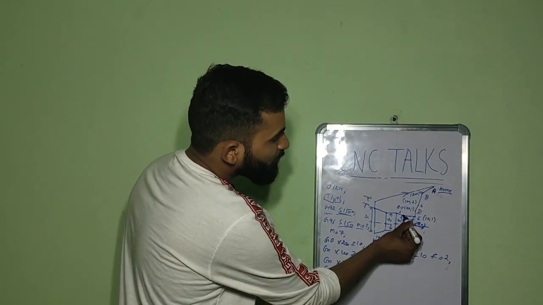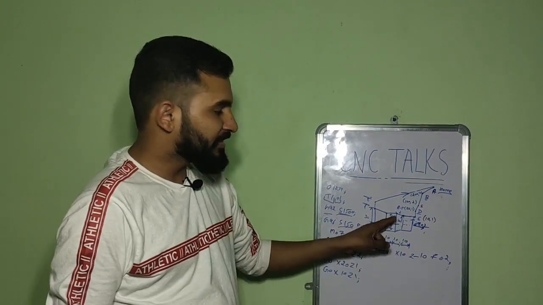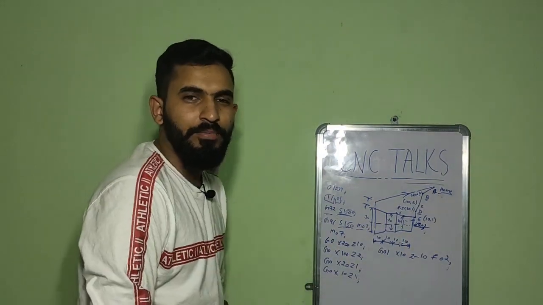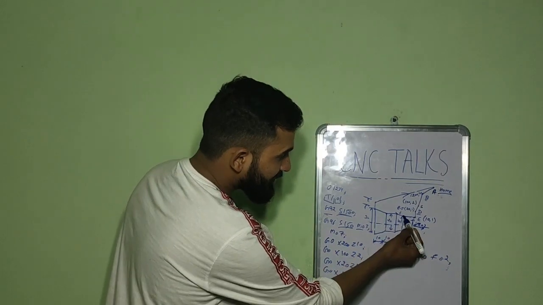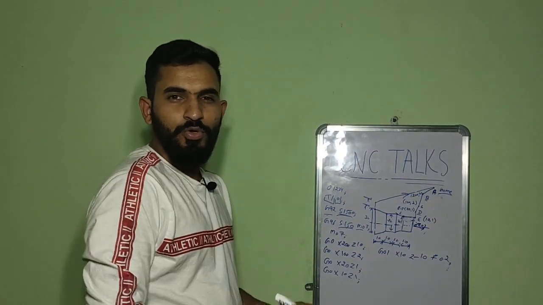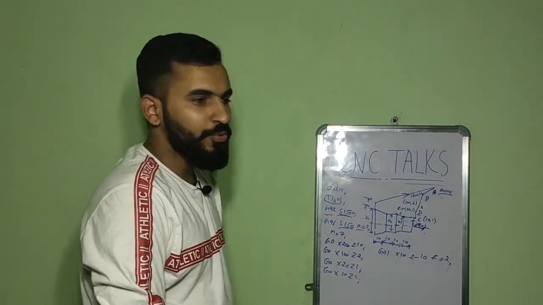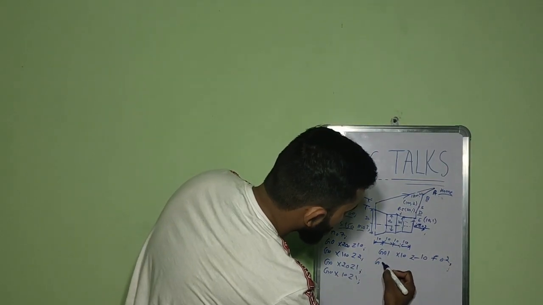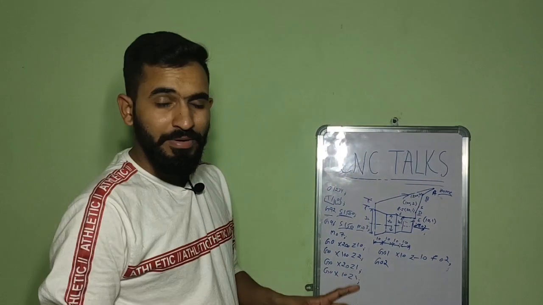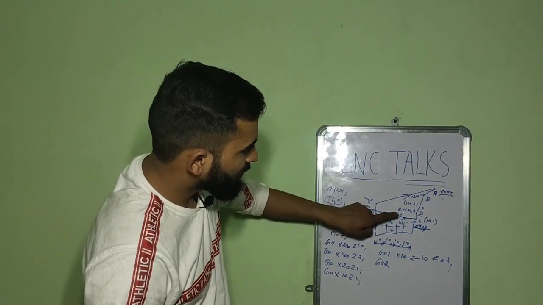Further, from this point to this, there is an arc with a radius of 5 mm, and the arc is in clockwise direction. So for clockwise we use G02, and the dimensions along x and z axis for this point.